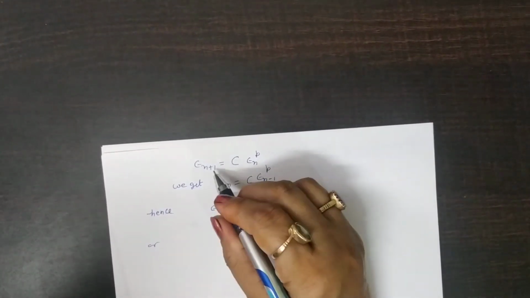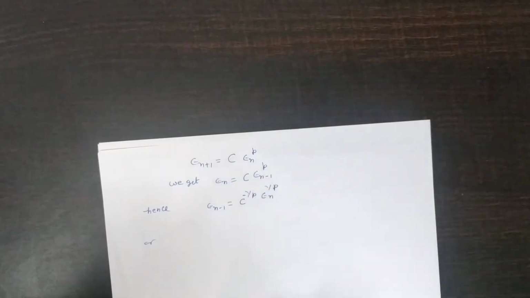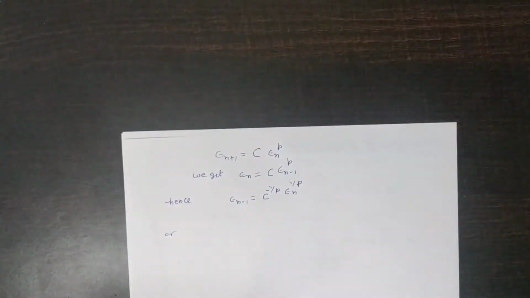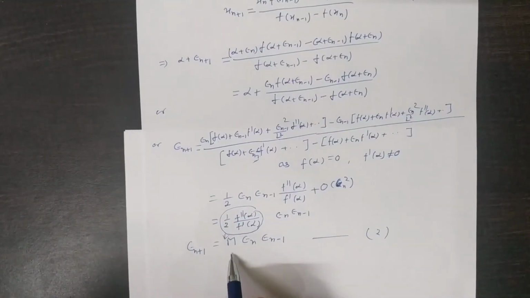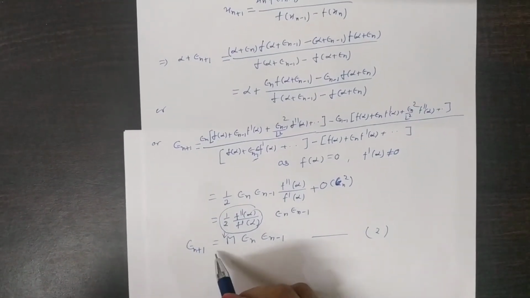Now using what we have obtained, we substitute. Epsilon n plus 1 is this one from equation number 3, and also from equation number 2.